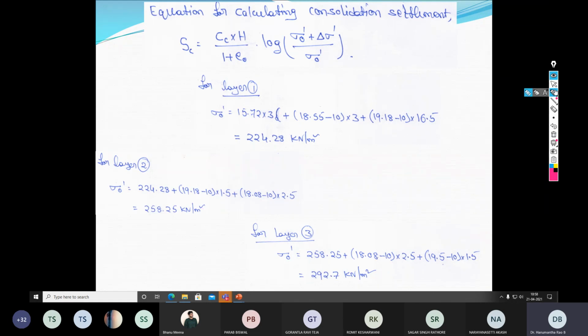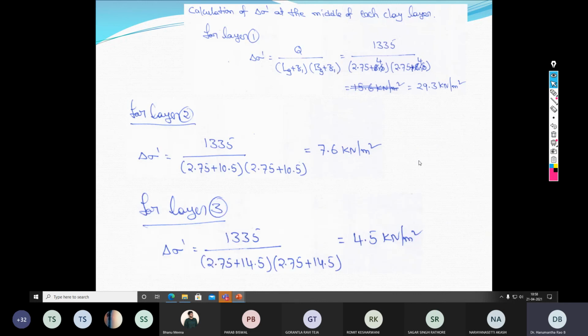While a complete reverse should happen for delta sigma. Because, try to understand, for the soil, if you draw the variation of sigma naught dash, and if you draw the variation of delta sigma, sigma naught dash should continuously increase with increase in depth, whereas delta sigma should decrease with increase in depth.